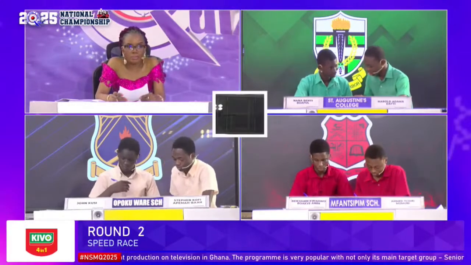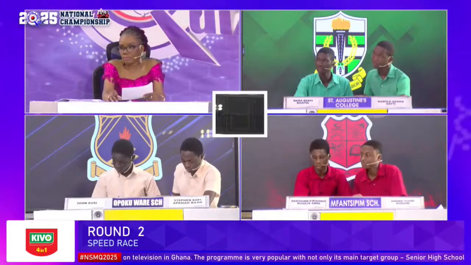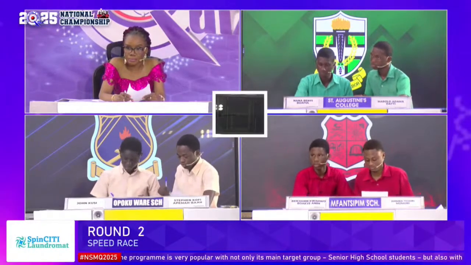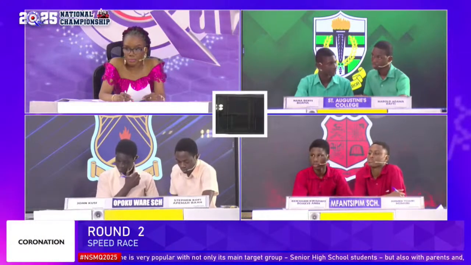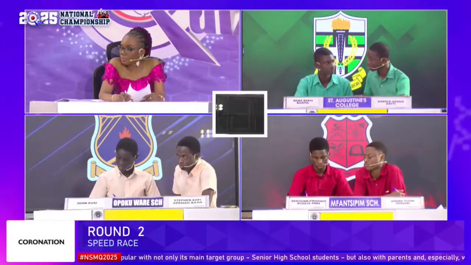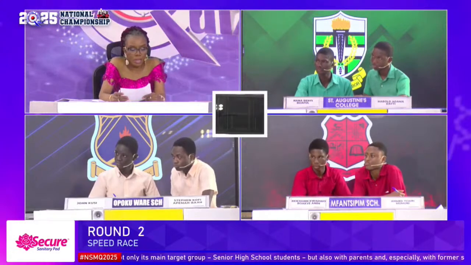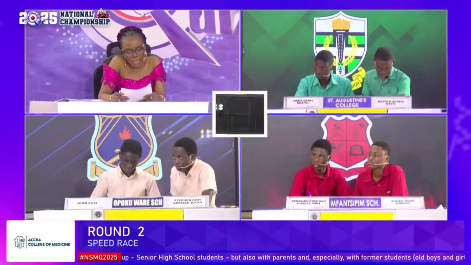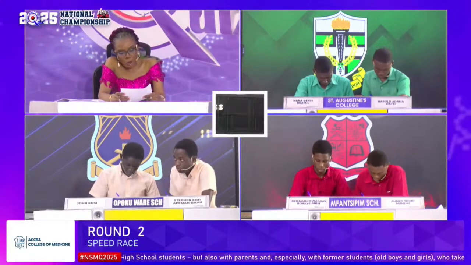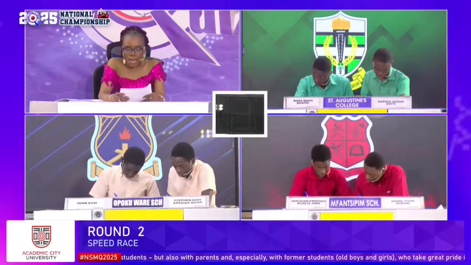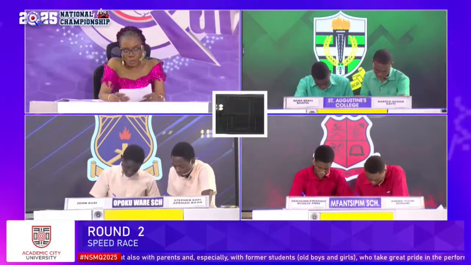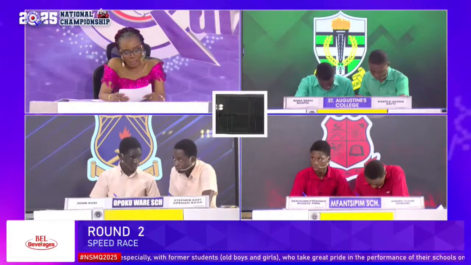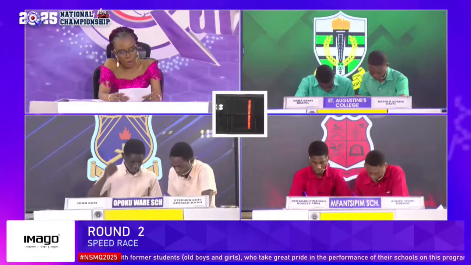Next one. Find the equation of the normal to the quadratic curve y is equal to x squared minus 2x plus 2, and which is parallel to the line x plus 2. Okay, go ahead.